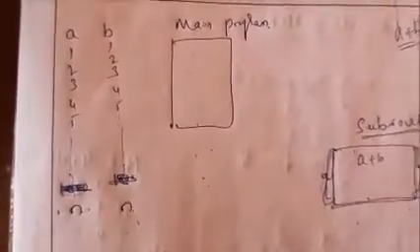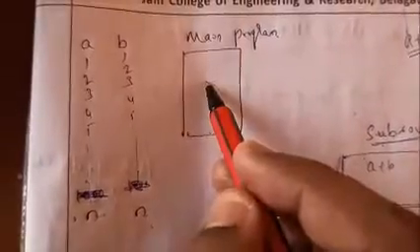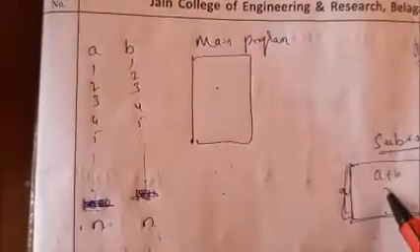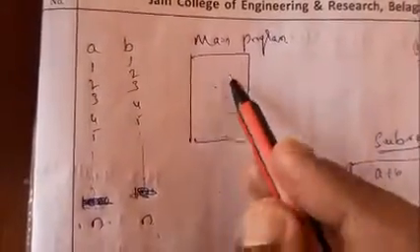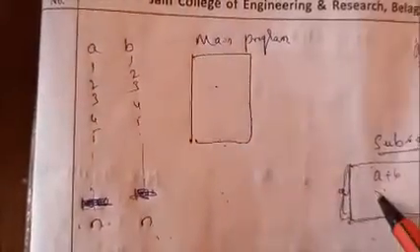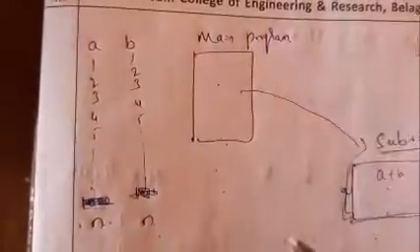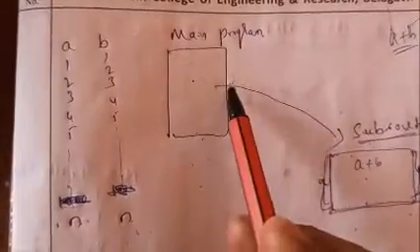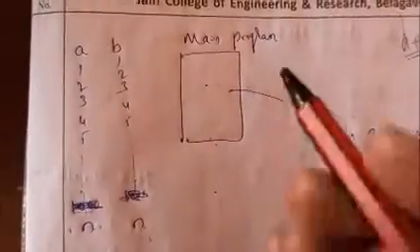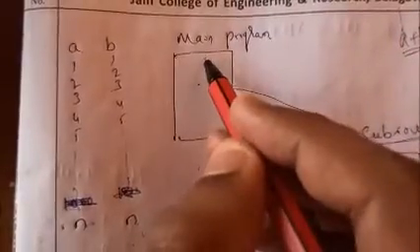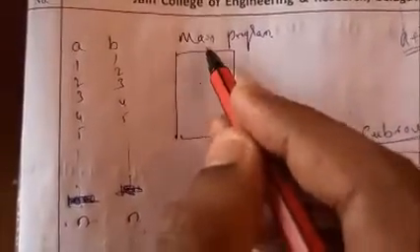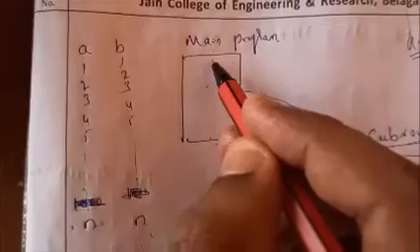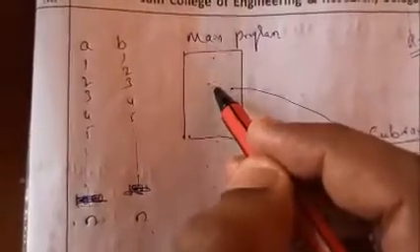Is it clear? In the main program, whenever you want to perform the addition, in between the other lines, I simply call this function. One more thing you already know is that execution takes place line by line: first the first line, then the second line, then the third.